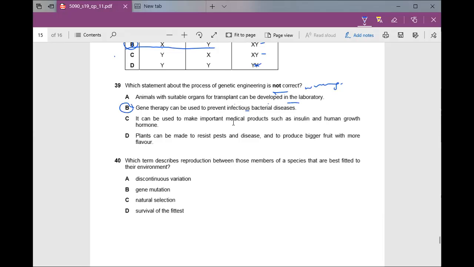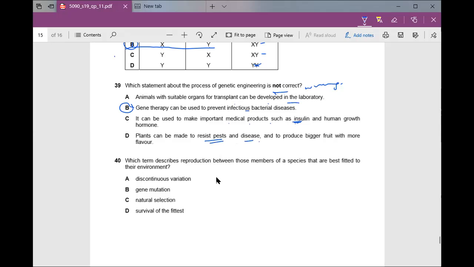It can be used to make important medical products such as insulin. This is a part of genetic engineering, even part of our syllabus. Plants can be made resistant to pests and diseases and produce bigger yields. Yes, they are using genetic engineering for this.